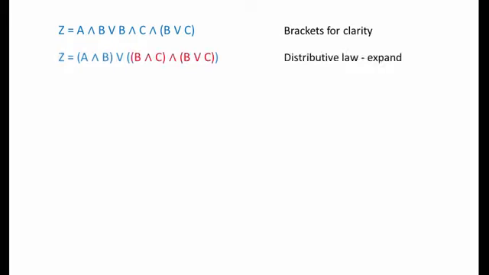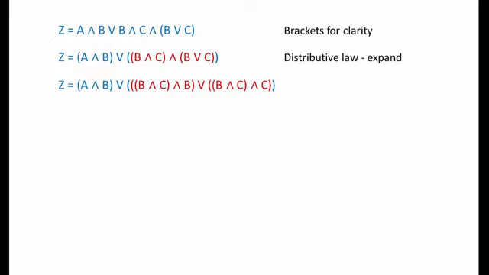Now we can more easily see that part of the expression can be expanded using the distributive law. The combination of variables and operators highlighted doesn't immediately suggest that this is possible, but by treating the term B and C as a single variable, we can AND it with B in the first term and we can AND it with C in the second term.